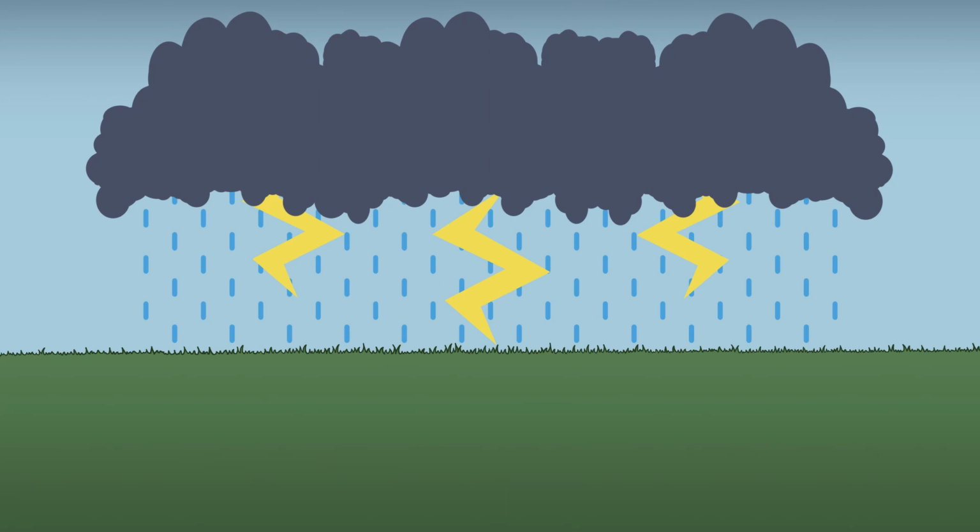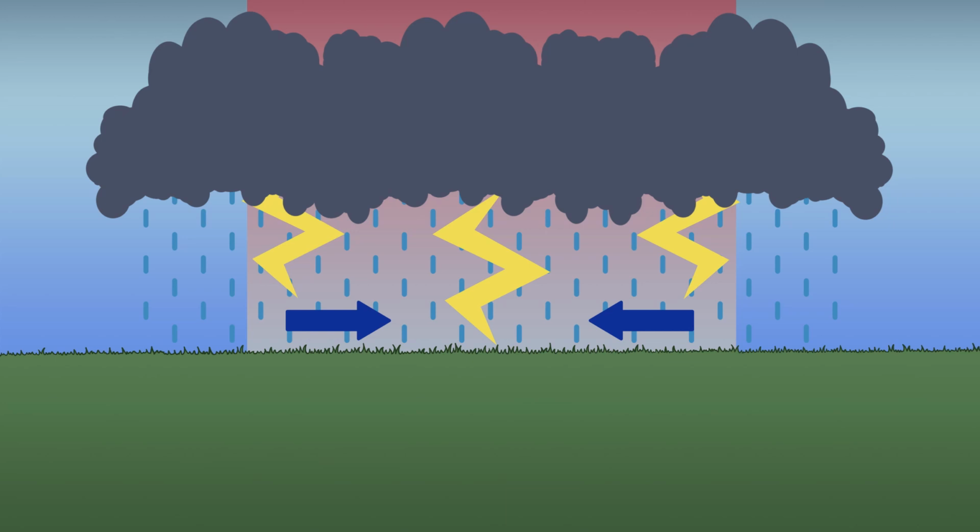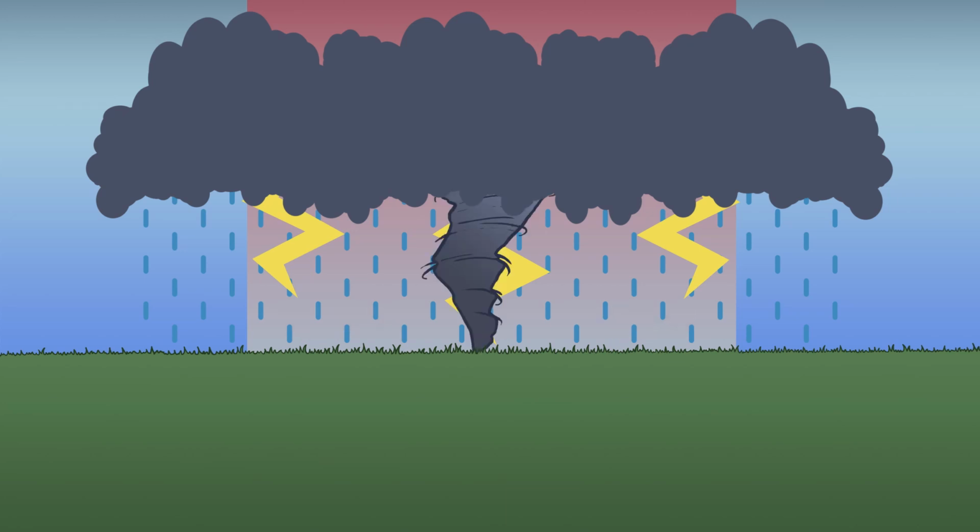They need the meeting of high pressure and low pressure air and an updraft of warm air, such as the kind that feeds the supercell thunderstorms most likely to cause tornadoes. As high pressure air moves in to replace low pressure air, it causes the air to swirl, and a warm updraft causes that swirl to extend upward toward the clouds, causing funnel clouds. When that funnel touches the ground, a tornado is born.